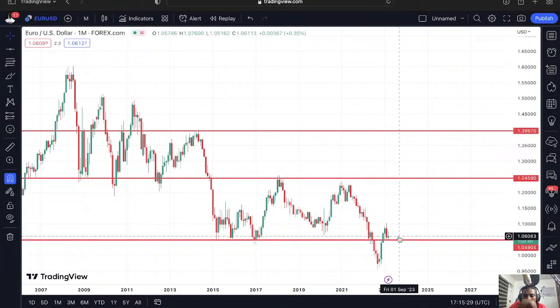Looking at this level, price might rally a bit here and pump up further, or go down further.